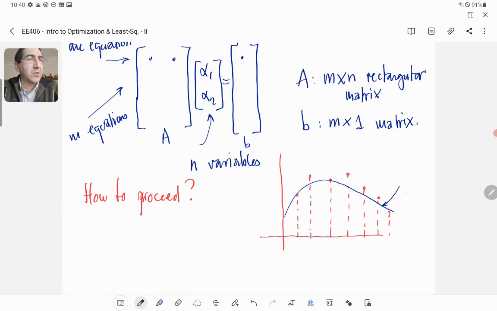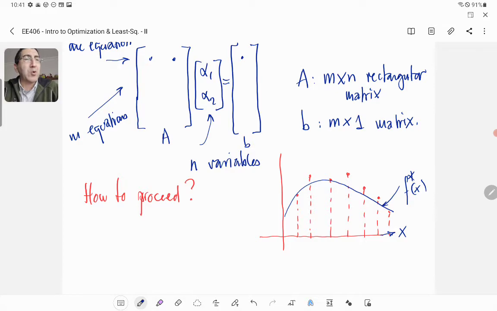Let's call this f star of x, and this is our x. But you see that you cannot go through all the points, especially if the number of parameters in f of x is less than the number of data points.